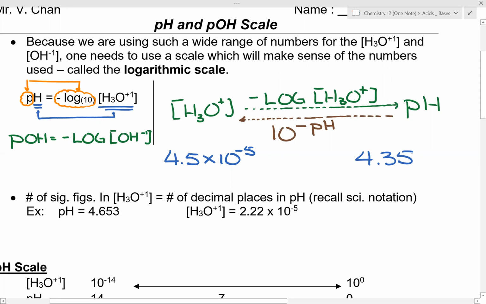Now, if you were to flip 4.35 as a pH and you want the H3O plus concentration, you just take 10 to the negative power of 4.35.